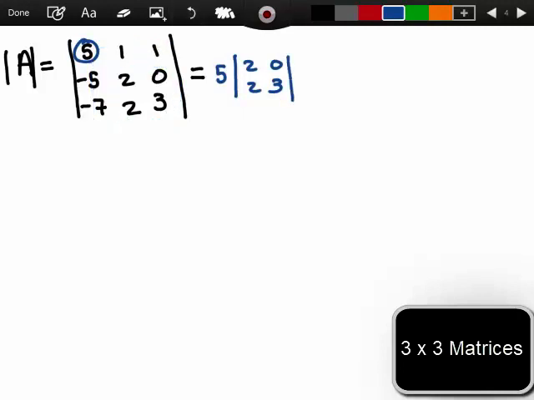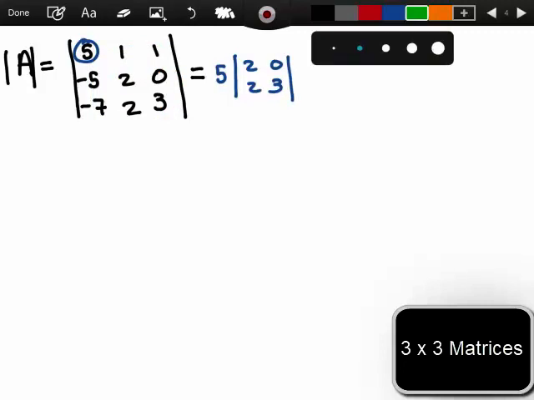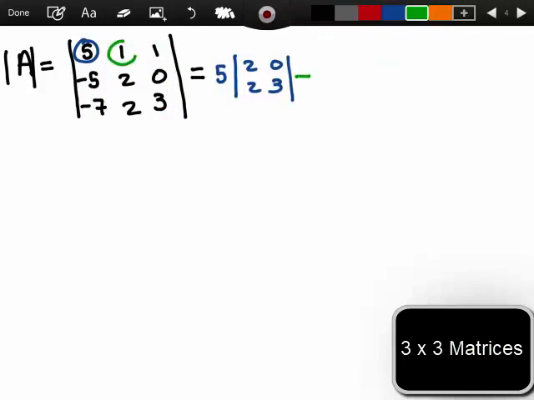Okay. Next, we're going to change the sign. So it's going to be a minus. Take the second item, cross out the row, cross out the column, and take the determinant of what's left behind. So the -5, the 0, the -7, 3.